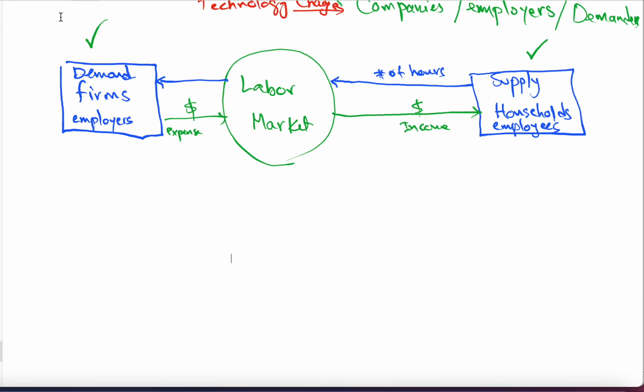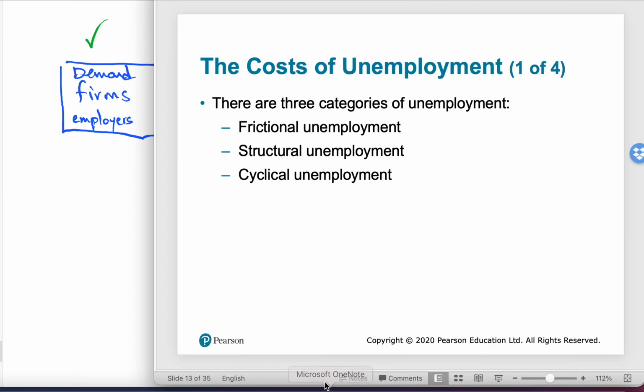So we would say there are three types of unemployment: frictional unemployment, structural unemployment, and cyclical unemployment. Frictional unemployment is the choice of workers to go out of work. For structural unemployment, the technology is improved and it's the choice of firms to lay off many of the workers because of the technological improvement.